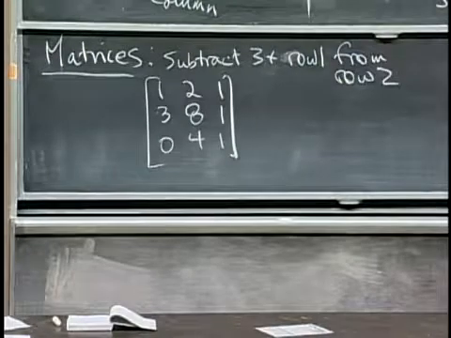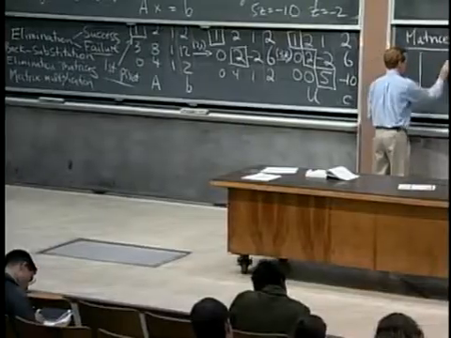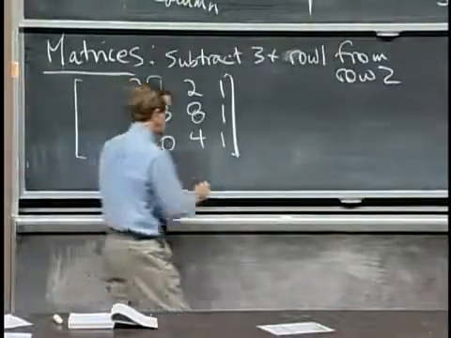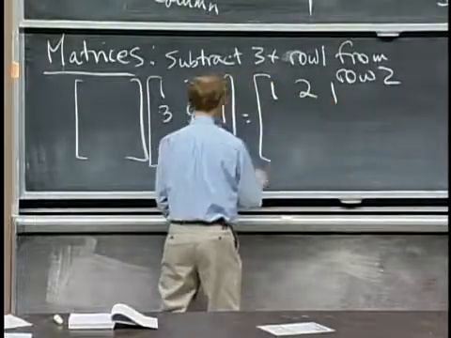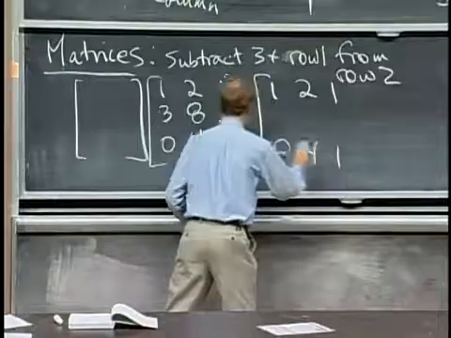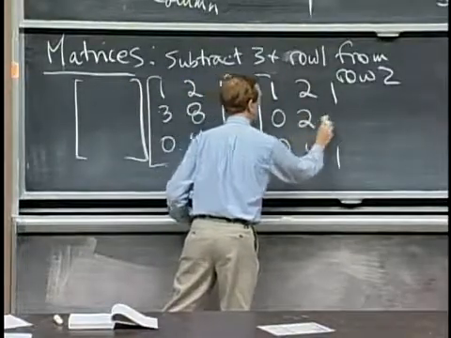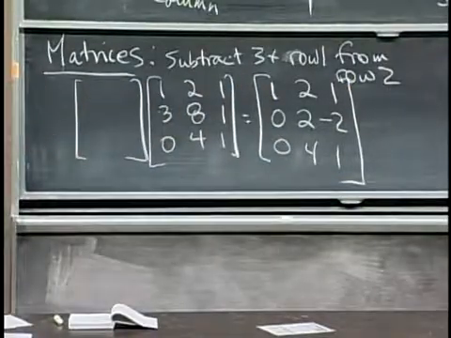Whatever matrix this is, and you're going to tell me what matrix will do it, it's the matrix that leaves the first row unchanged, leaves the last row unchanged, but takes 3 of these away from this, so it puts a 0 there, a 2 there, and a -2. Good. What matrix will do it?